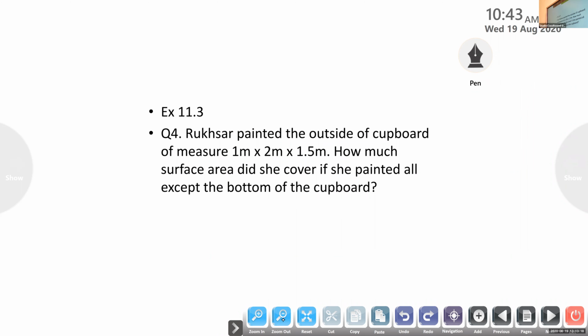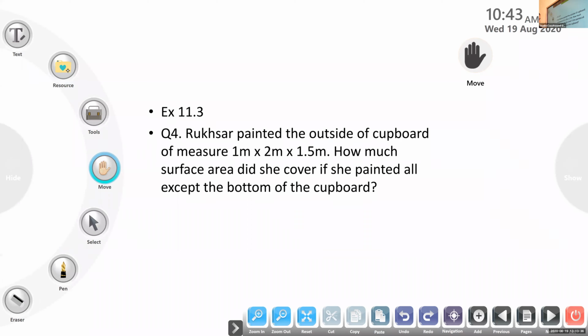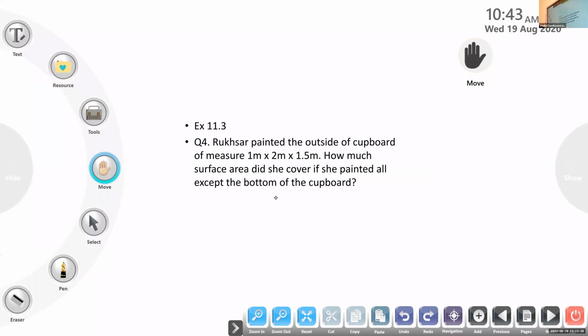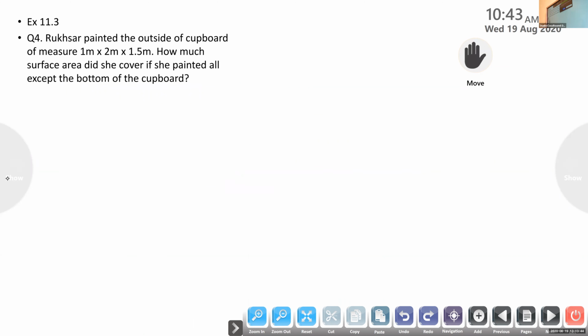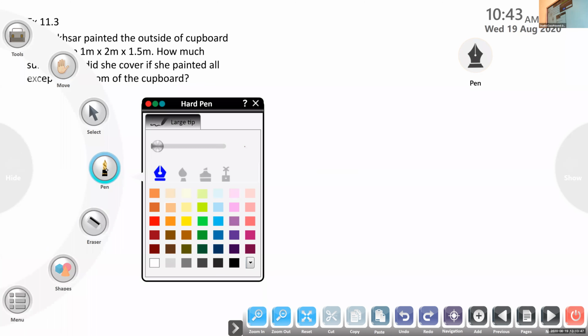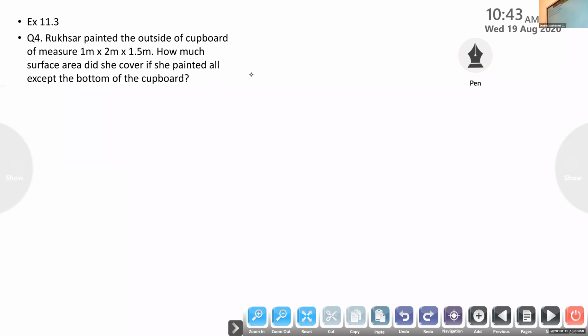How much surface area did she cover if she painted all except the bottom of the cupboard? Exercise 11.3, question number 4.